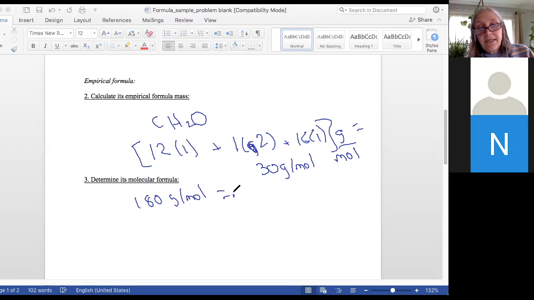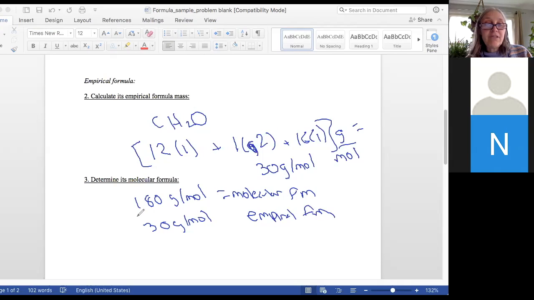So that's the molecular, I'll just write FM for formula mass. And then we've got 30 grams per mole. And that's the empirical formula mass. And basically what we do is, again, this is kind of a ratio.